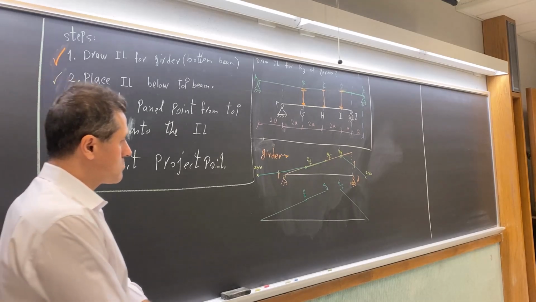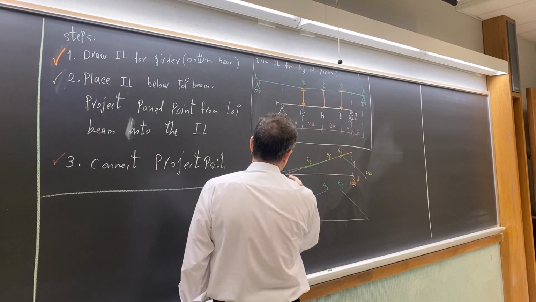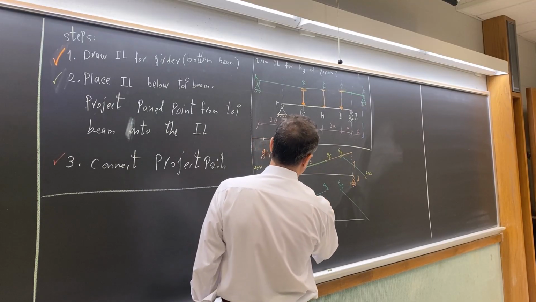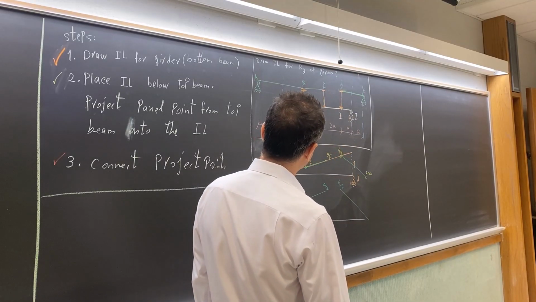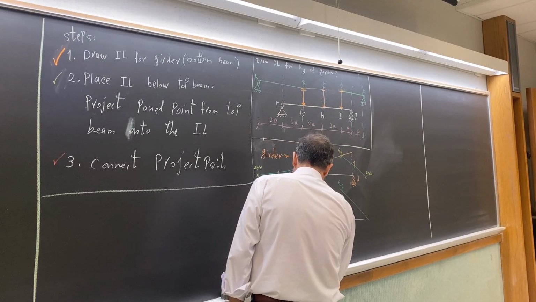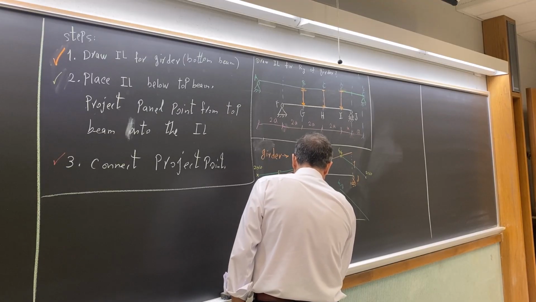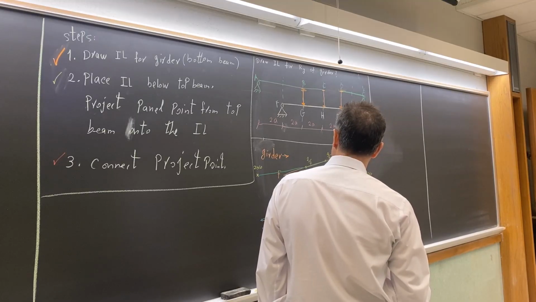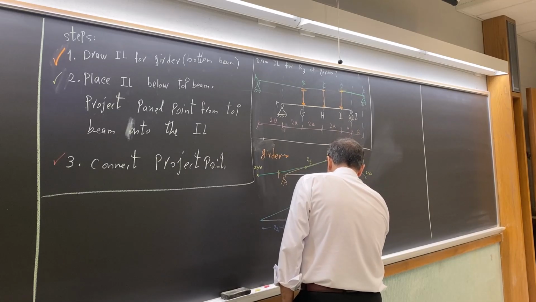And of course you should include more data. For example, this is 2A, this kind of thing. You should include more data. This is point B, so from here to here is 2A. The next point is C, 2A.